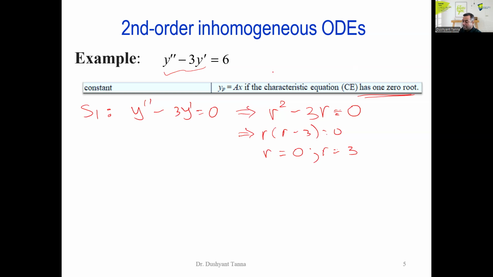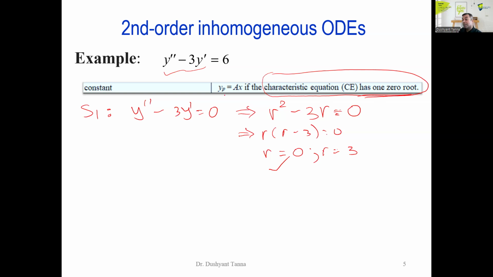Now, read this line. If the characteristic equation has one 0 root, we do have one 0 root. If it's not, if it's a constant, then go to the week 6 content, right? Where I nicely bifurcated everything, and follow what we did there. Okay, cool.